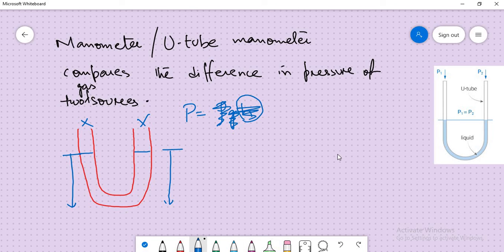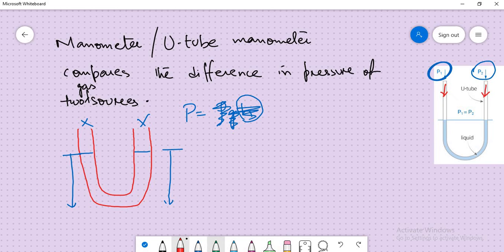Right now let's suppose P1 is exposed to the air and P2 is also exposed to the air. The air pressure on the left side is obviously equal to the right side. Therefore the level of the liquid is the same.